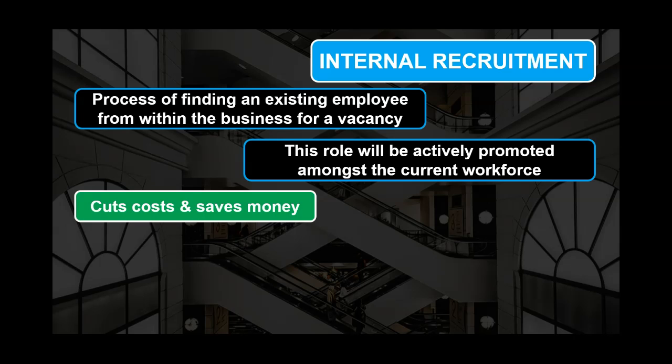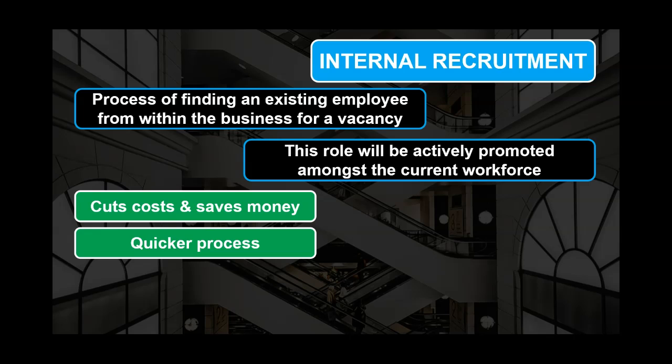One of the main advantages of recruiting internally is that it cuts the cost of recruitment, which in turn saves the business money. This is due to it reducing HR costs, recruitment agency fees, and the advertising of the role, which can all be expensive. Cutting out these things also means that the process of recruiting is much quicker, and therefore another advantage of internal recruitment.